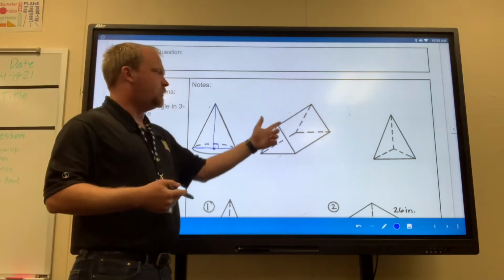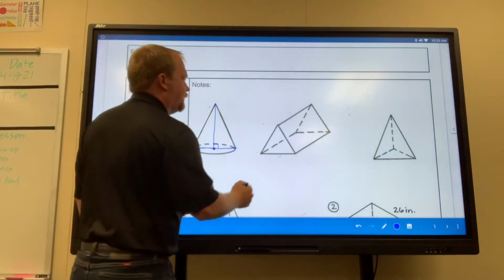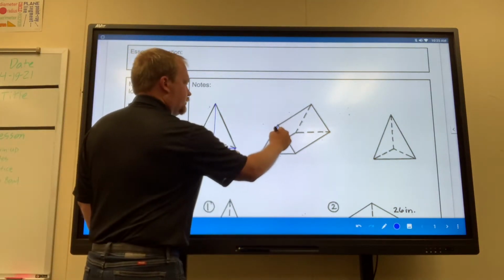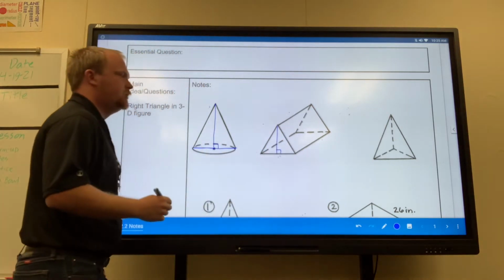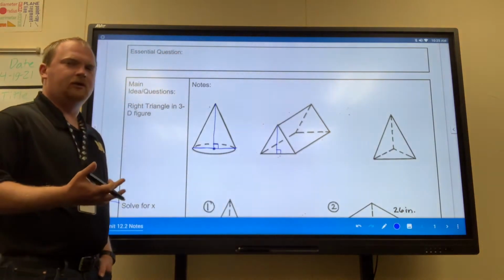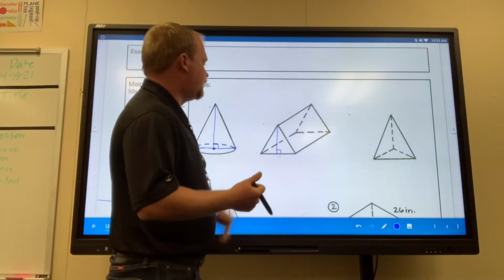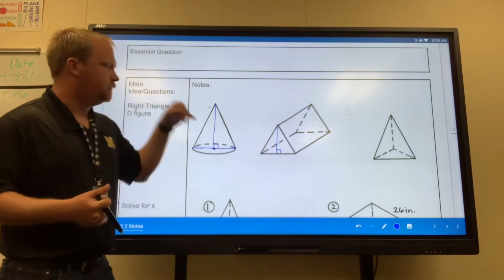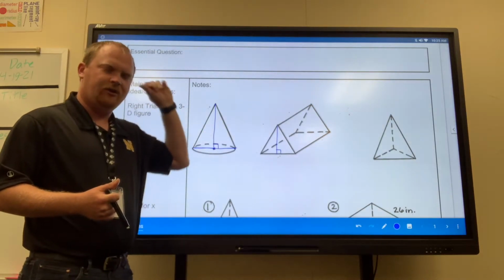Now, same thing over here, just another example. So imagine if I were to go straight down, like this, and I make another right angle. That will work as well. So I can find the height of this triangle using Pythagorean Theorem.